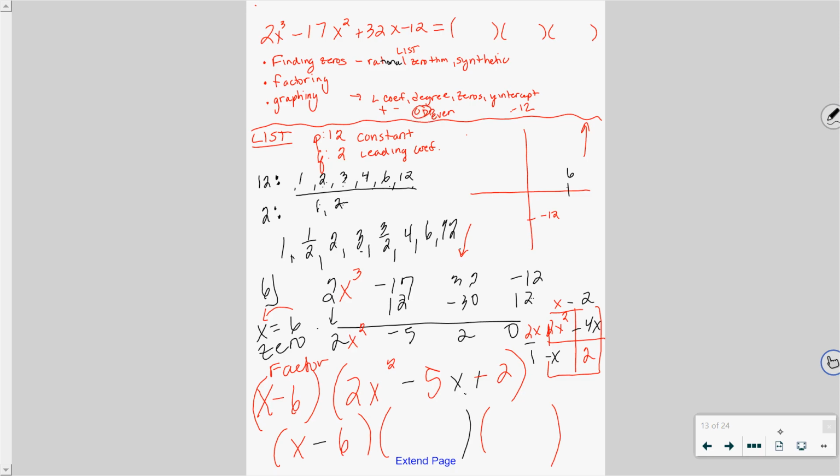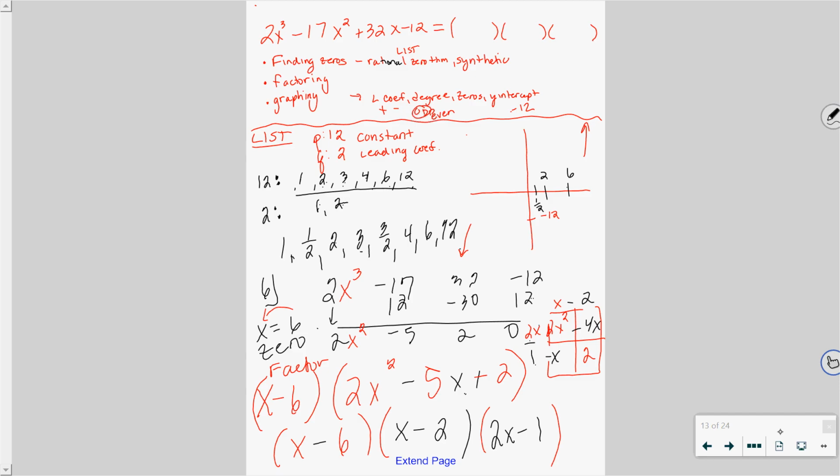So that means x minus 2 is its other factor, which means I can put a 2 up here for a 0. 2x minus 1 half is another factor. So that means I can put a half up here for a 0.